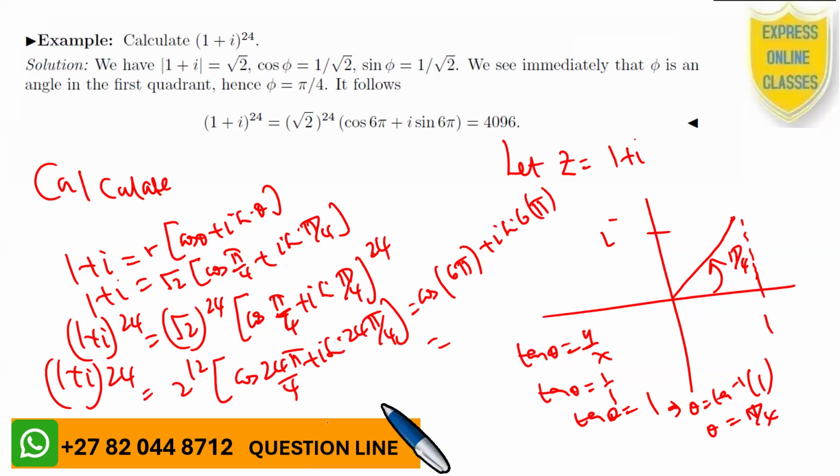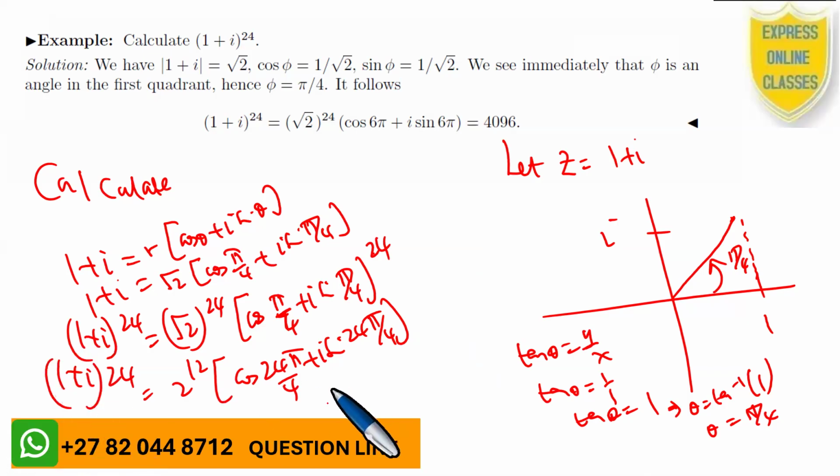Obviously 2 to the 12 is part of it. So this one is going to be exactly 2 to the 12 times 1 plus 0i.